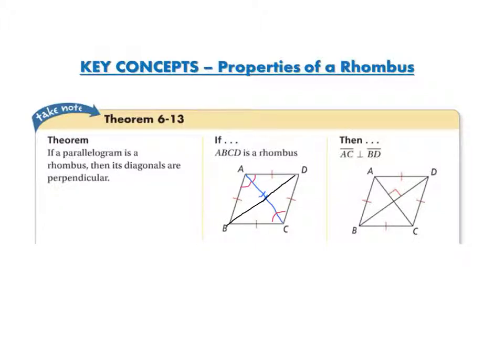I break this down into the top half that's going to give me symmetrical right triangles. So these are perpendicular lines. So this proves to you that diagonal AC is perpendicular to diagonal BD. Therefore, we have proven that that is, in fact, a rhombus.